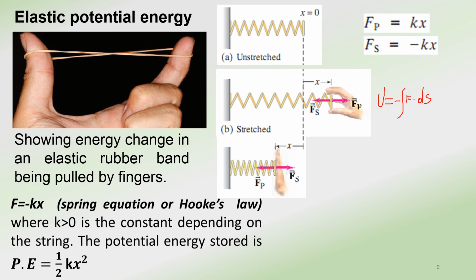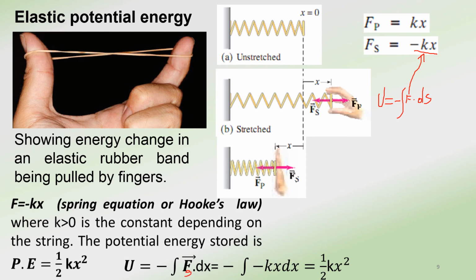Here the force is equal to minus kx. That is the reason why the potential energy equals minus the integral of F dx, equals minus the integral of minus kx dx, because the force on the spring equals minus kx. Then this is 1 over 2 kx squared.